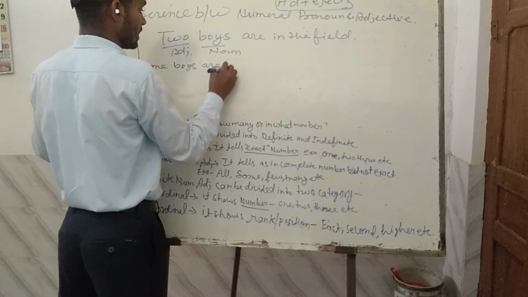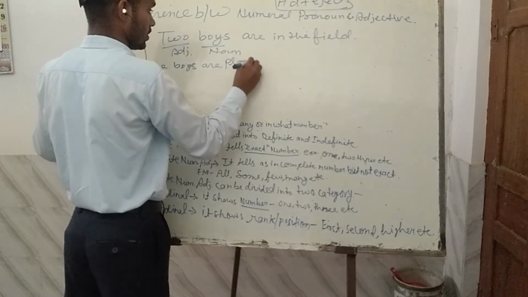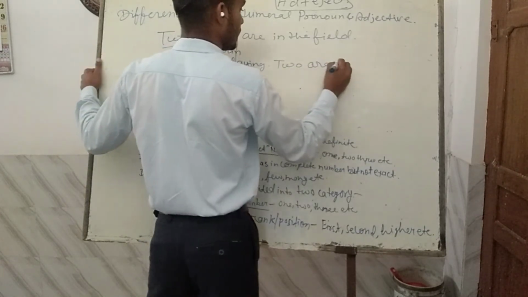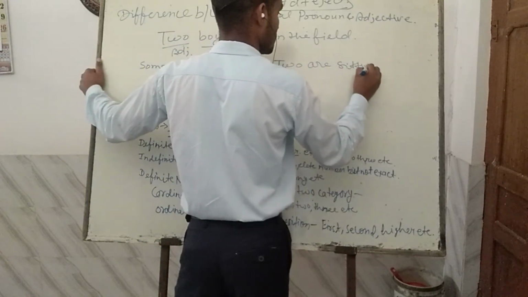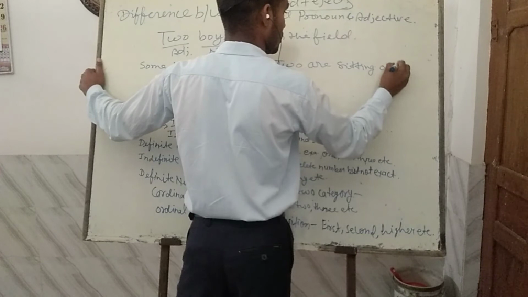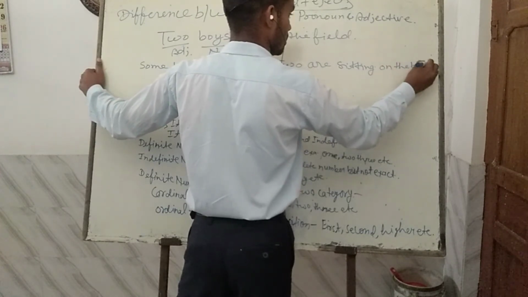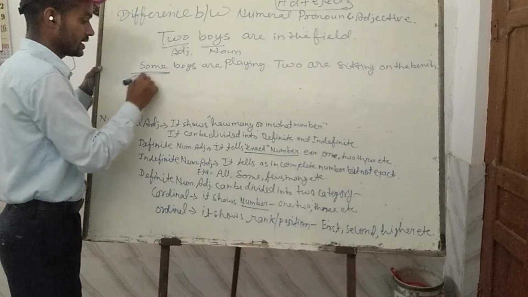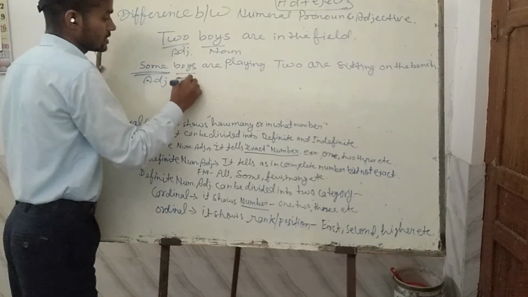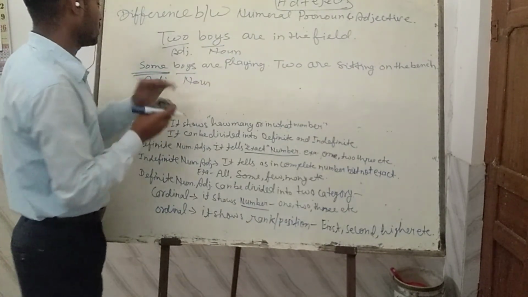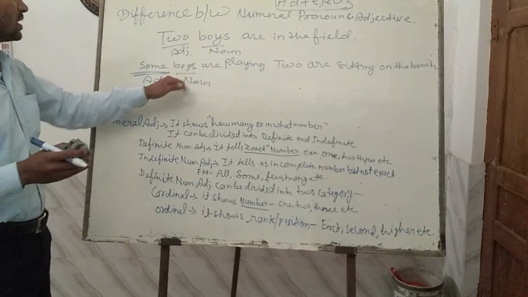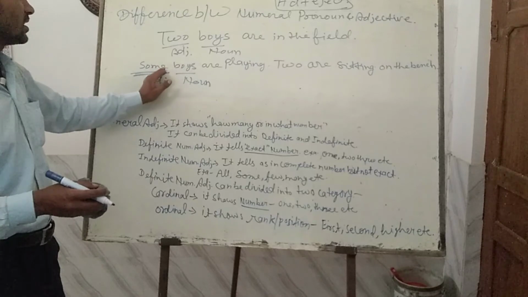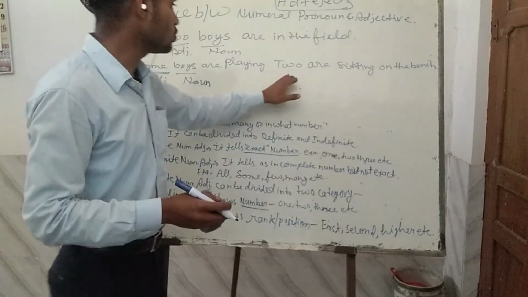But how can two take the place of the pronoun? Some boys are playing. Two are sitting on the bench. Here some boys, some is adjective and boys is noun, being qualified by the word some. But here two are sitting.